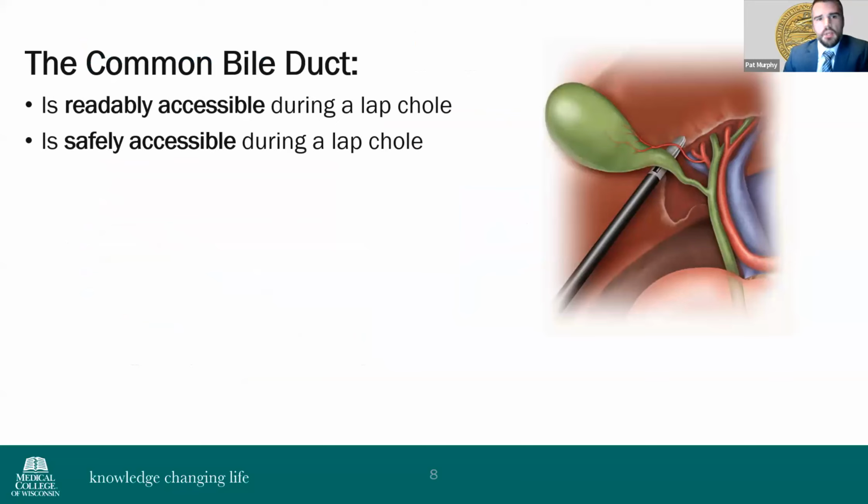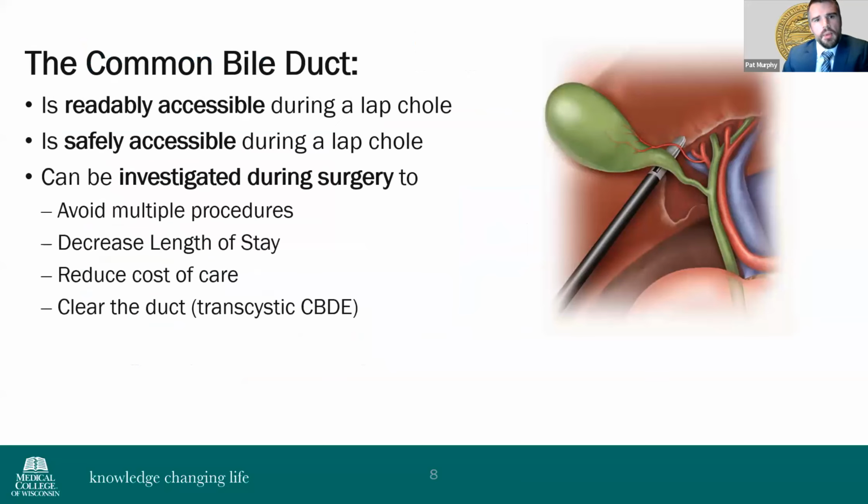You can safely access the common bile duct either with fluoro or with choledocholoscopy. And this has numerous benefits. You can avoid multiple procedures, avoid delay to definitive treatment, avoid post-ERCP pancreatitis, make everyone's care cheaper.